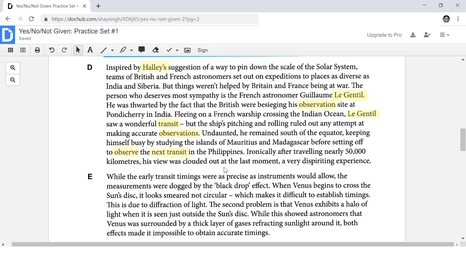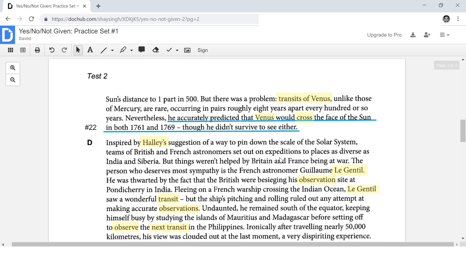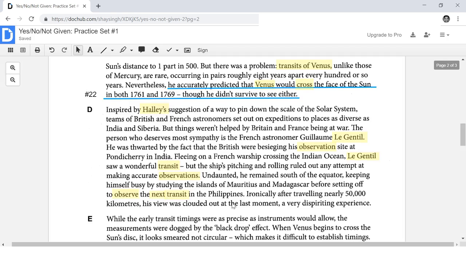That's synonym language for saying that he could not observe the next transit. And in this case, it doesn't mention any other planet like Mercury or something else. So this is referring to the planet Venus, since that's what they've been talking about over here. They've been talking about Venus, transits of Venus, and this paragraph just builds upon that information. So we're still talking about the same planet, planet Venus. So this is where we found our matching sentence.